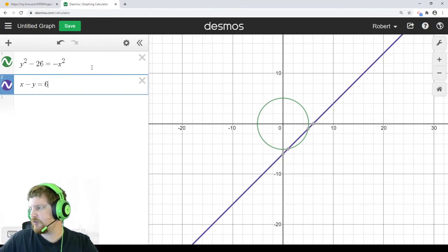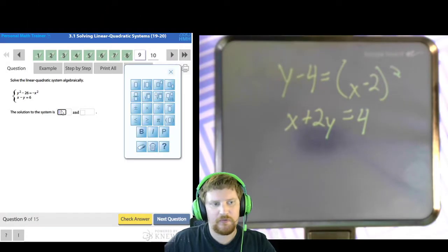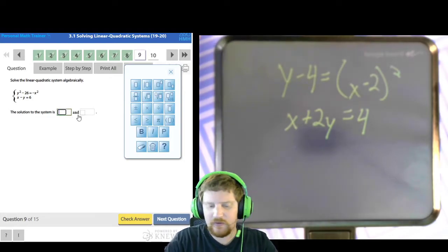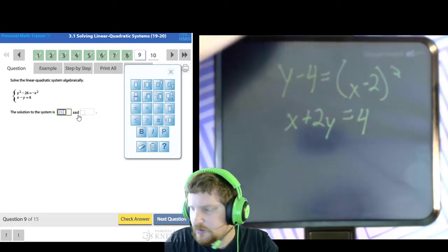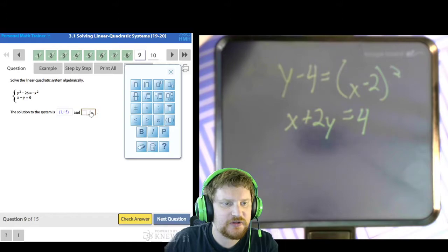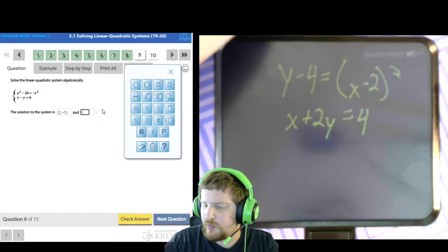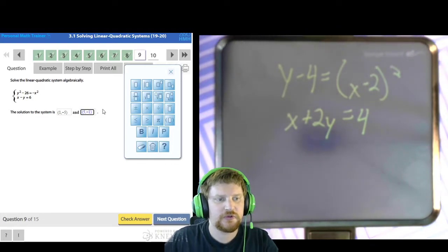But this is a circle where it crosses, so it crosses here at 1, negative 5, and here at 5, negative 1. So, back to our program, we have 1, comma, negative 5, close. Other answer is 5, comma, negative 1, close.